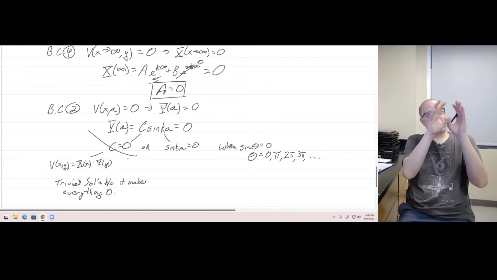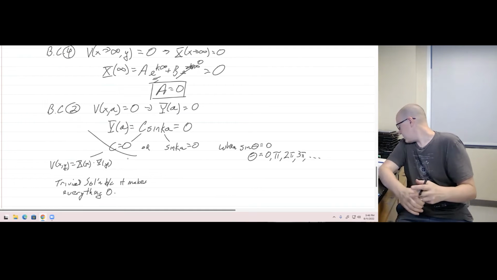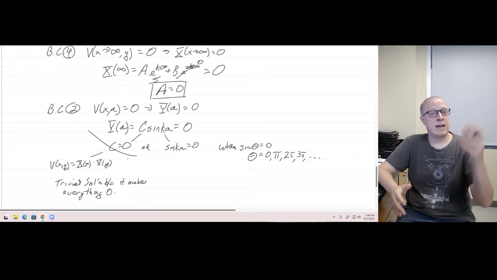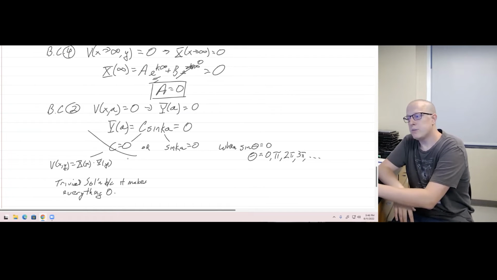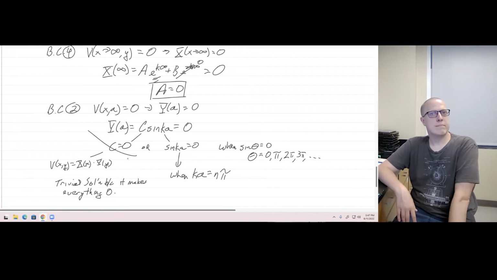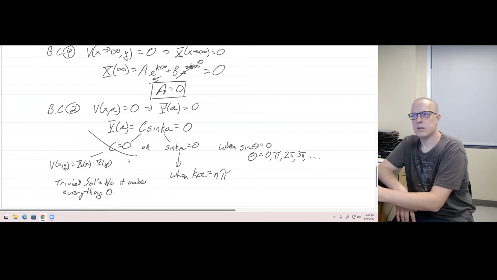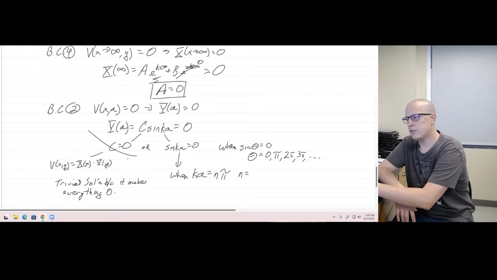So whenever the thing inside the sine is a multiple of pi, then that sine will be 0. And that's what we want. So what this is telling me is that this will be 0 when ka is equal to n times pi, where n just equals 1, 2, 3, 4, etc.